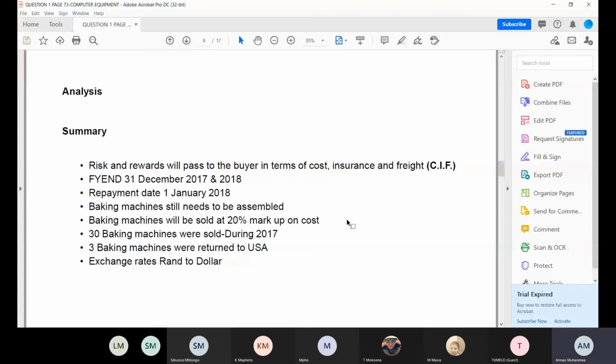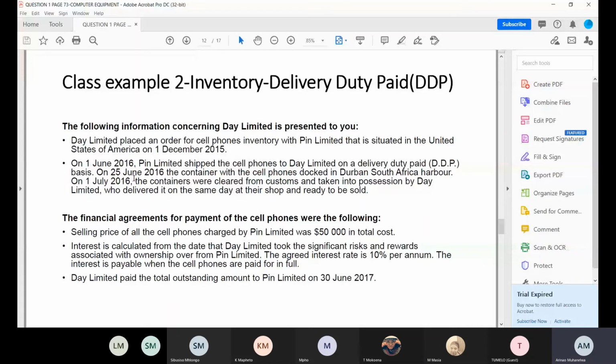On 25th June 2016, the container with the cell phones docked in Durban, South Africa harbor. On 1st July 2016, the containers were cleared from customs and taken into possession by D Limited, who delivered it on the same day at their shop, ready to be sold.